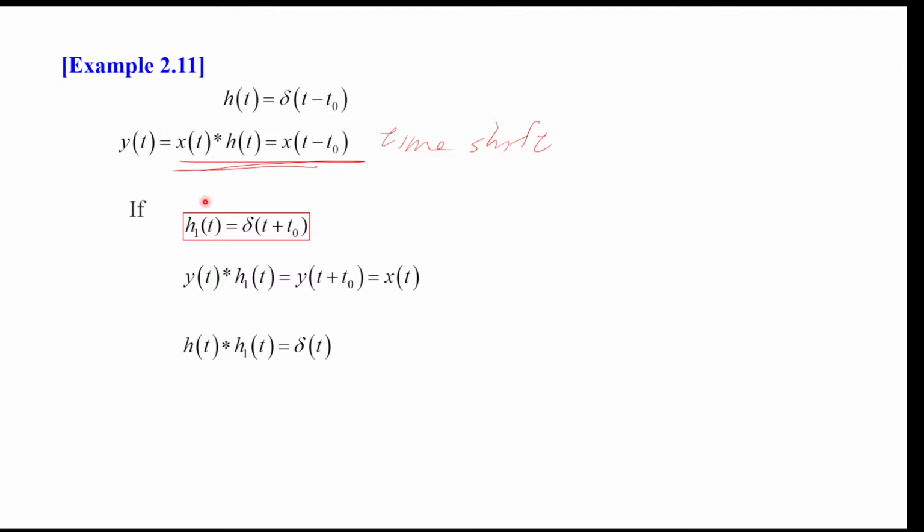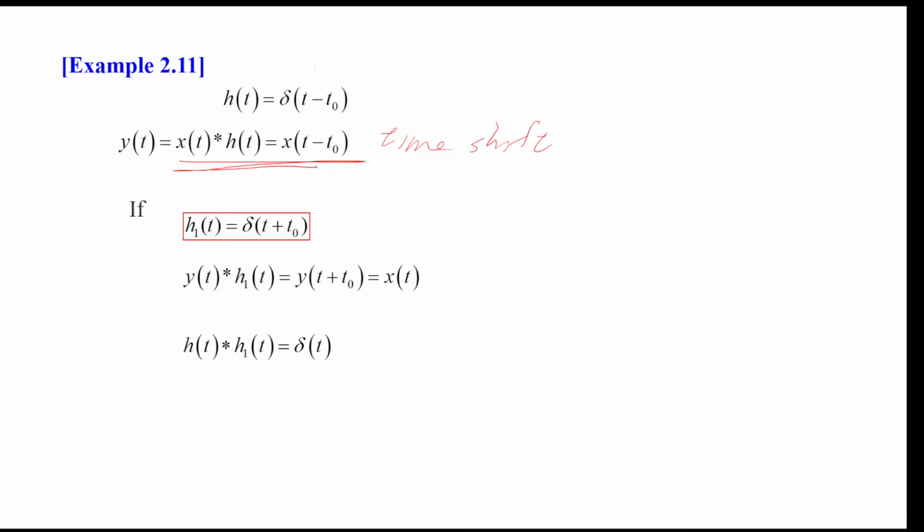Just like with the identity channel, you can easily show that the output of the system with this response is just the input with a time shift. So y of t equals x of t convolved with delta of t minus t0, which equals x of t minus t0.